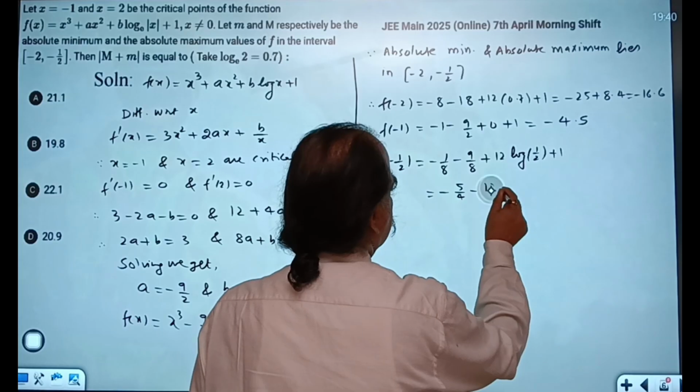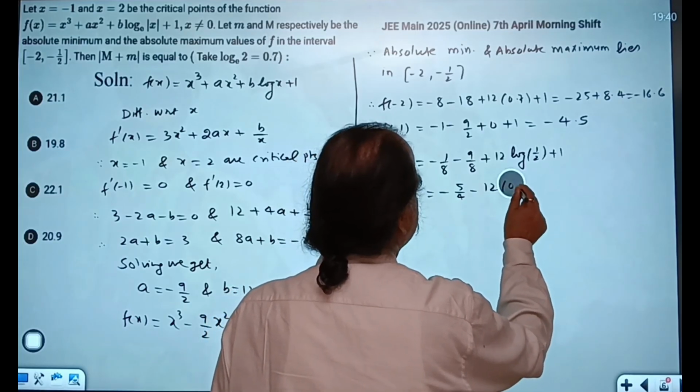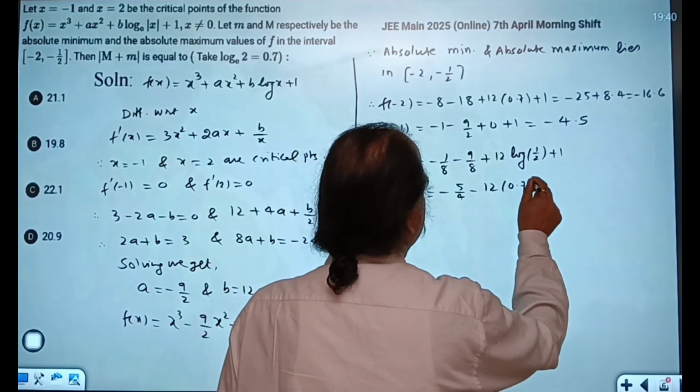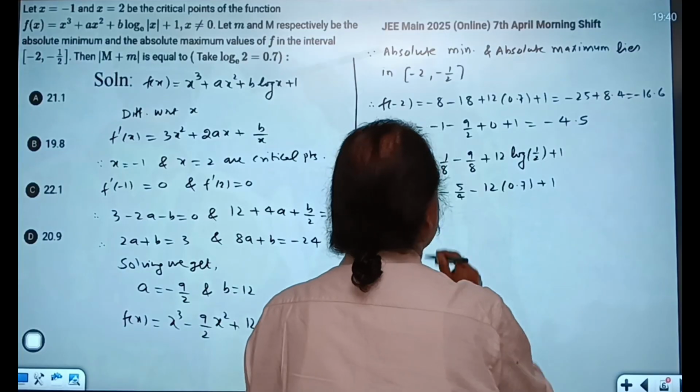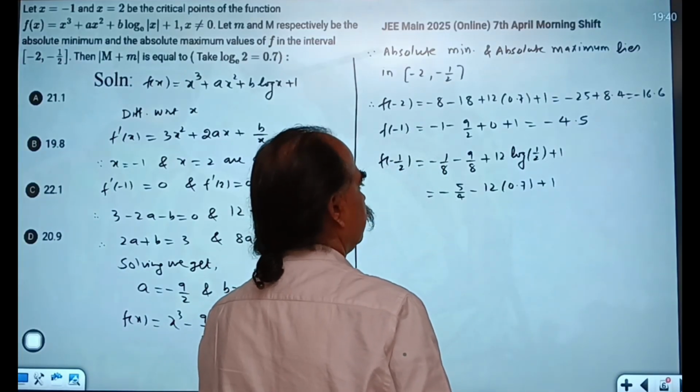Minus 12 log 2, log 2 is 0.7, plus 1, plus 4 minus 5.